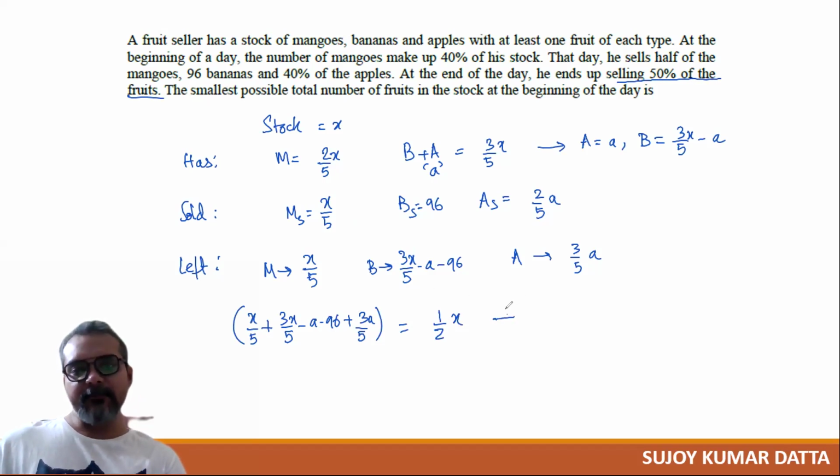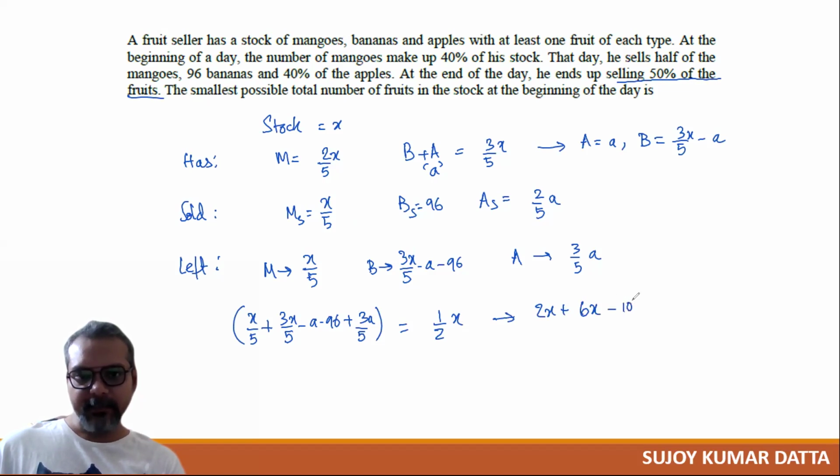To simplify this, we just multiply throughout by 10 to get rid of the 2's and the 5's. So 10 times x over 5: 2x plus 6x minus 10A minus 960 plus 6A equals 5x. So that gives us 3x equal to 960 plus 4A.